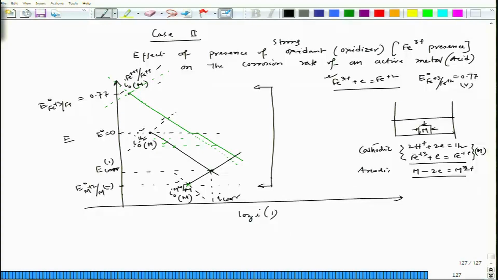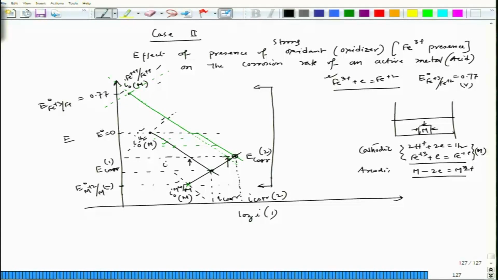And then if we extend it, we could see that at this point, which is E_corr, let us say condition 2, where this is my I_corr case 2, if we extend this particular line, I have two cathodic current densities, these two.